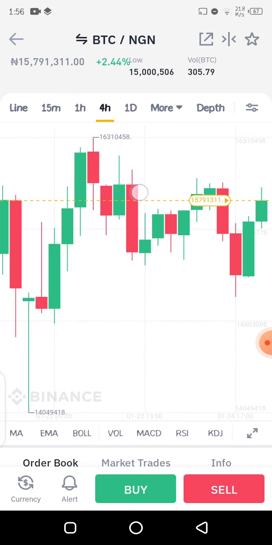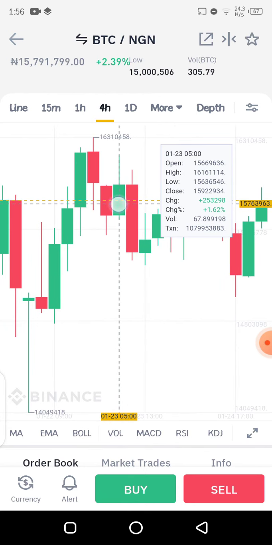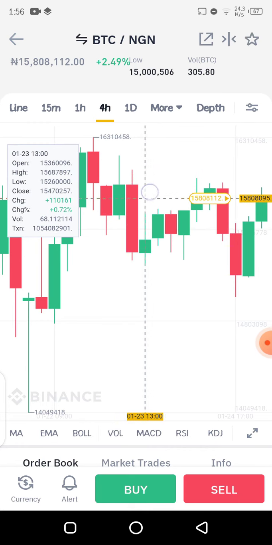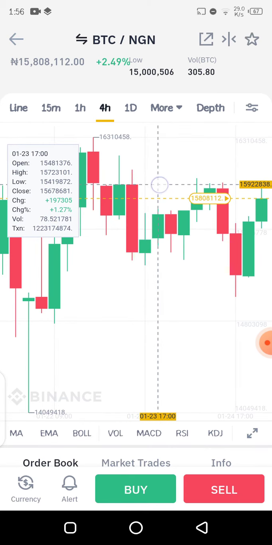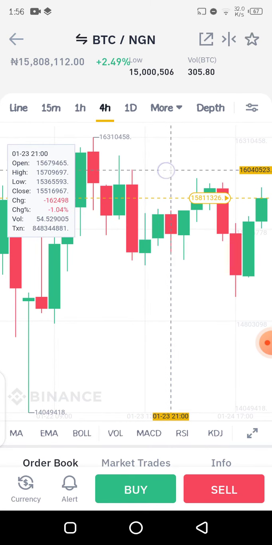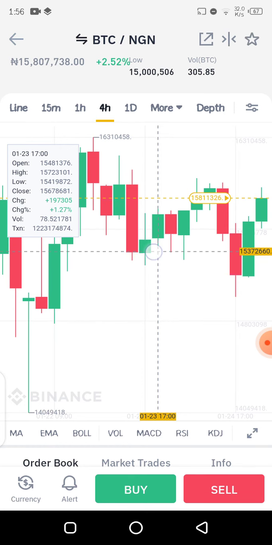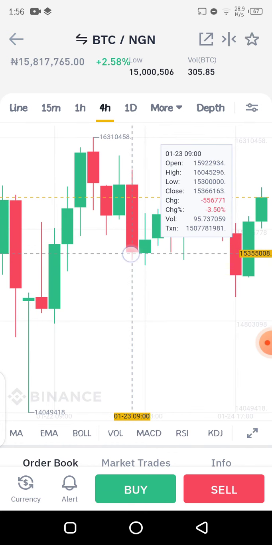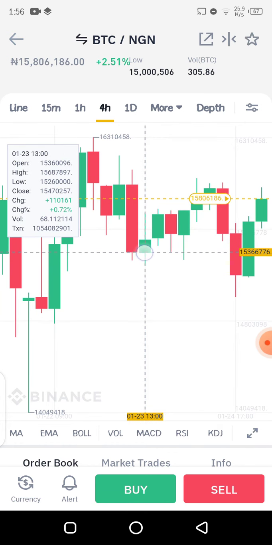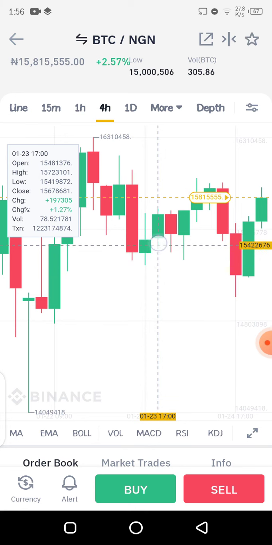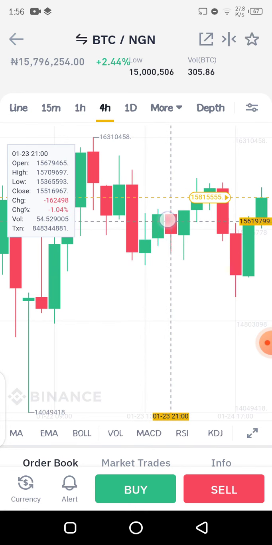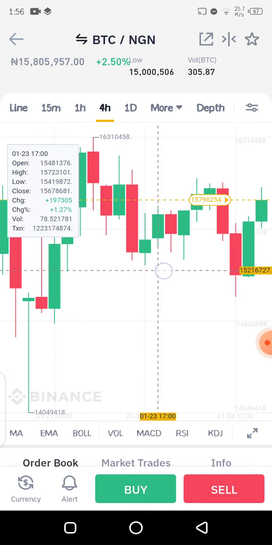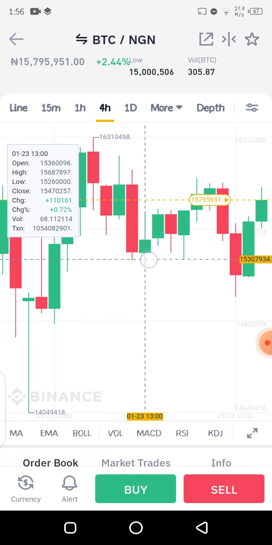It entered this candle at the top here, and then activities happen, came down, go up, came down. Activities happened until it stopped here. Then it moved on to this next candle here. And activities again, went up and down, went up and down. A lot of activities for that 15 minutes, and then it ended here.